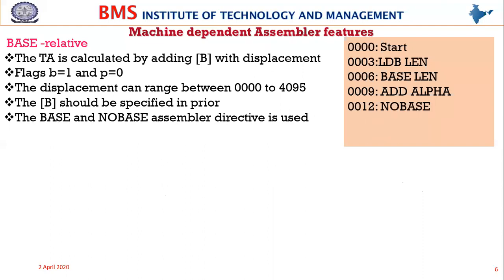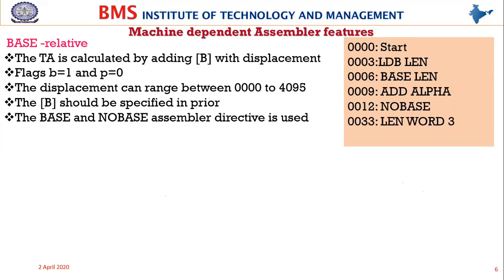And before 0006, the instruction is supposed to be executed using PC relative. That means LDB length will be assembled using PC relative. Only the instruction ADD alpha will be assembled using base relative. Is it fine?